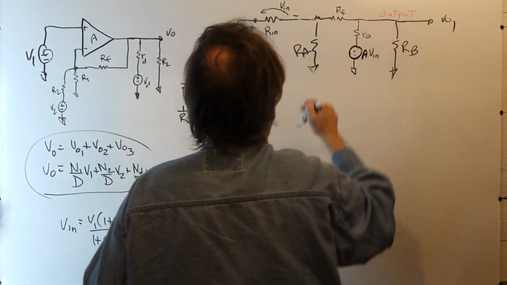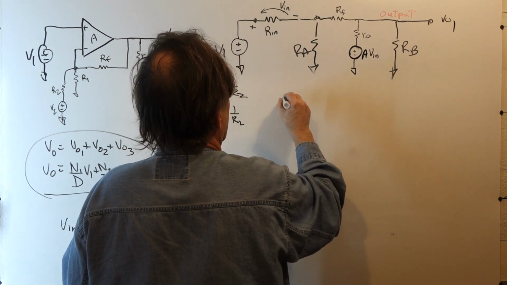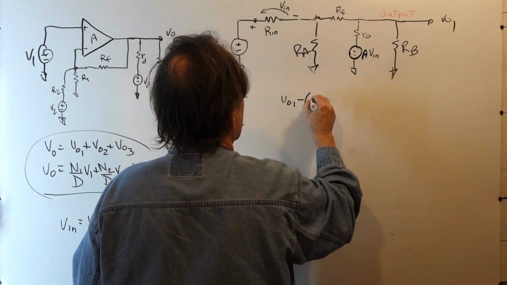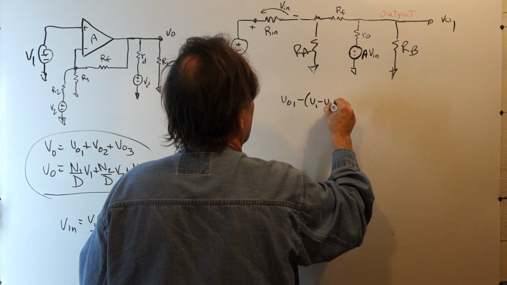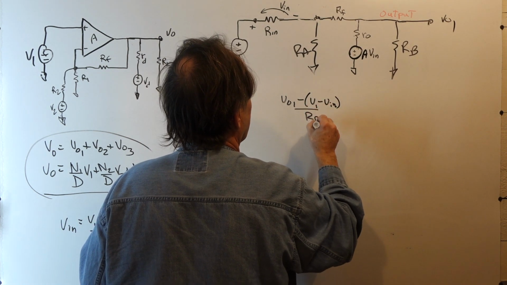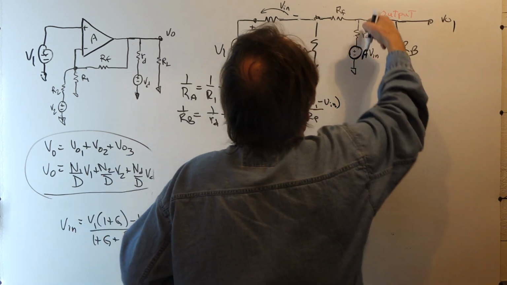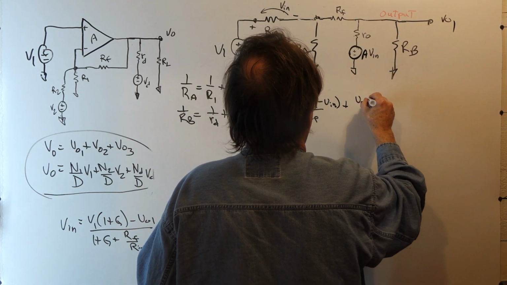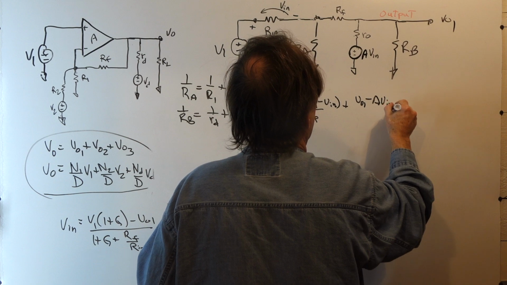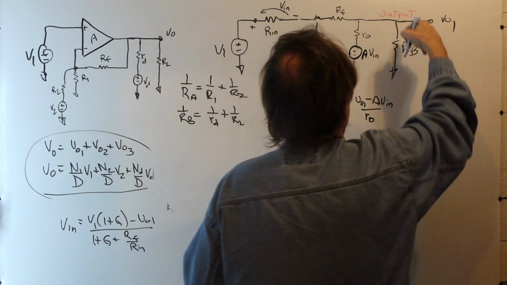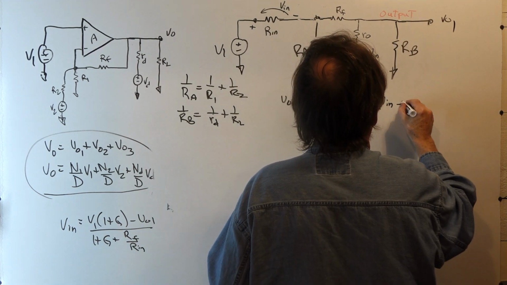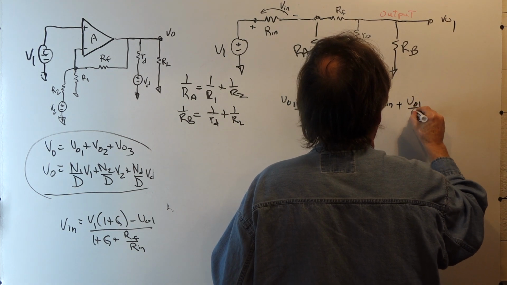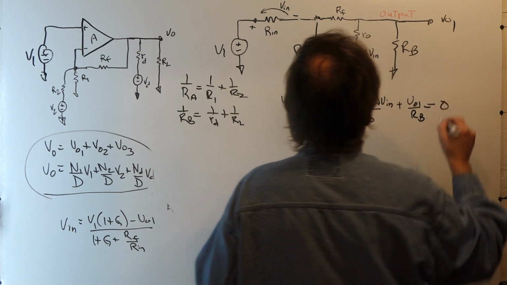So the current going through RF is VO1 minus V1 minus Vn over RF. The current going through R0 is VO1 minus A Vn over R0, and the current going through RB is VO1 over RB, and that's equal to 0.